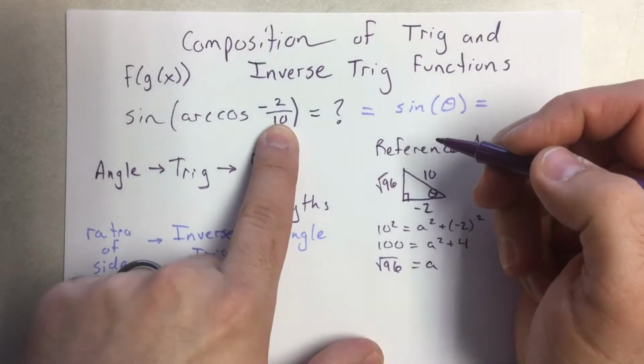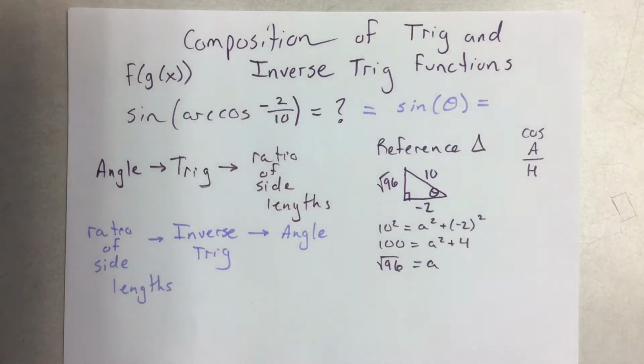Now if this ratio was something that we know, for example, the arc cosine of 1/2 is going to be pi over 3. The arc cosine of 1 is going to be 0. But the arc cosine of negative 2 over 10, we don't know that exact angle measure.